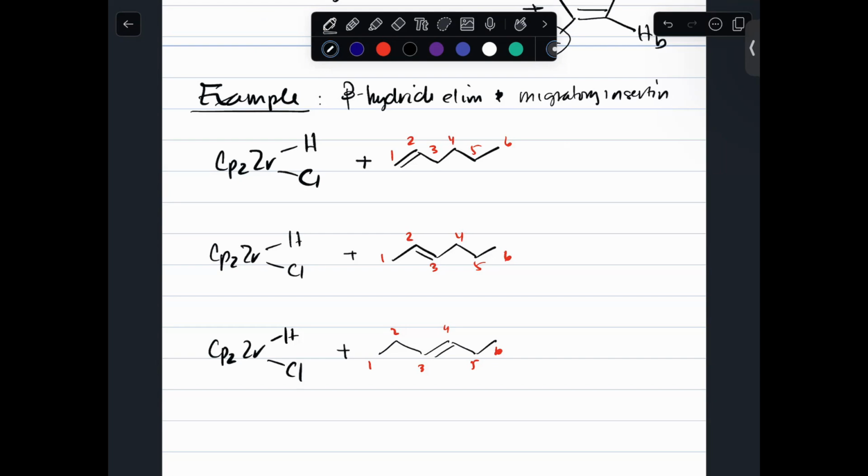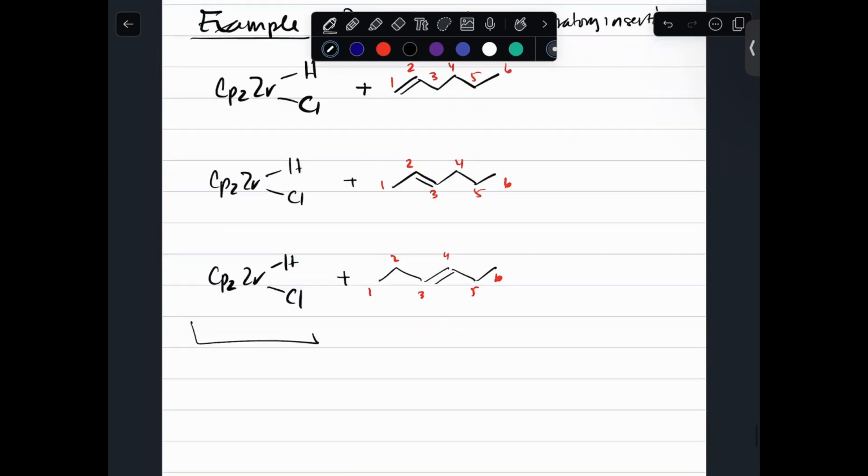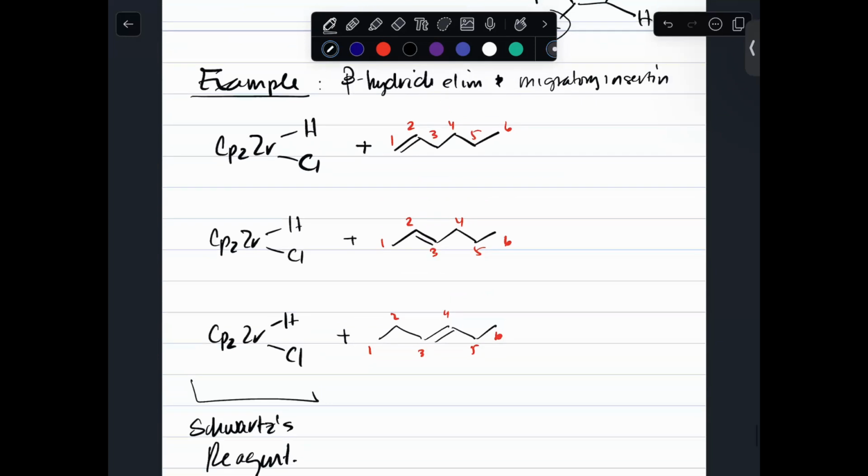Using Schwartz's reagent, regardless of where the alkene is on the chain, it gives you the same product. And that product is the following product.